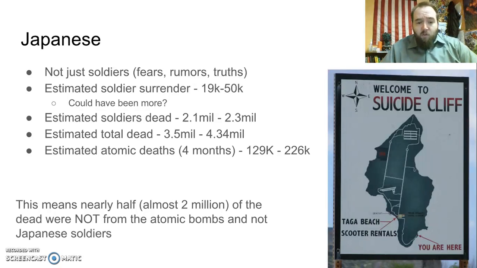If you look at how many soldiers died and do the math, surrender versus death, it's not a very high percentage that surrendered. But if you look at those who died, and those who were not soldiers, if you take the high level of the estimated deaths, that's nearly 2 million Japanese people who died who were not soldiers and did not die because of the atomic bombs.